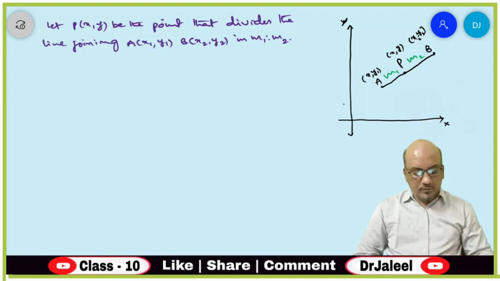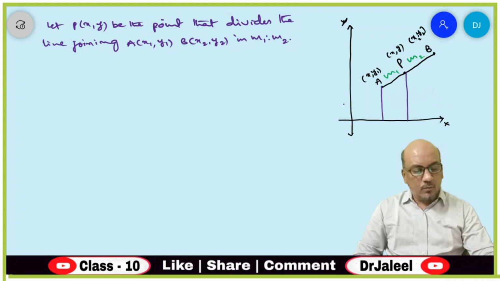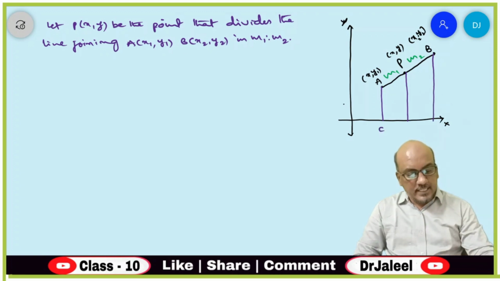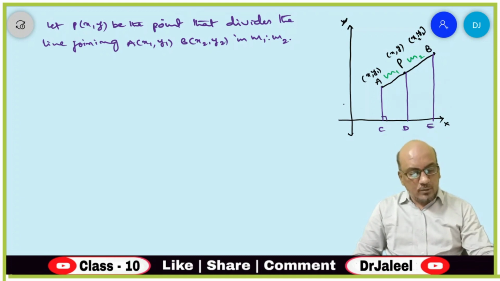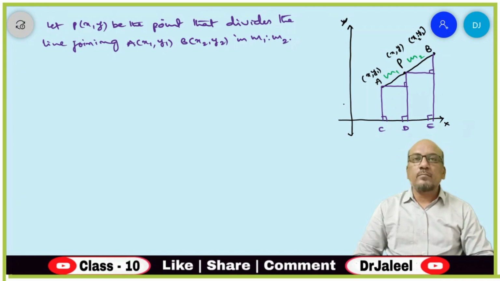After that, we will have a construction. We will draw 3 perpendiculars, one from A, one from P and one from B onto the x-axis. Let us take these points as C, D and E. And not only these perpendiculars, we will draw 2 more perpendiculars, one from A to PD and one from P to BE.